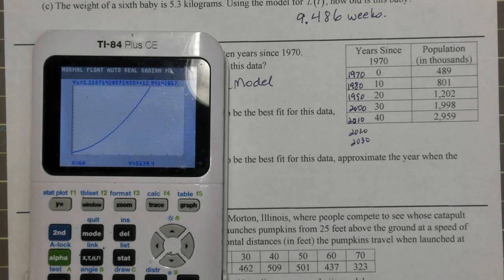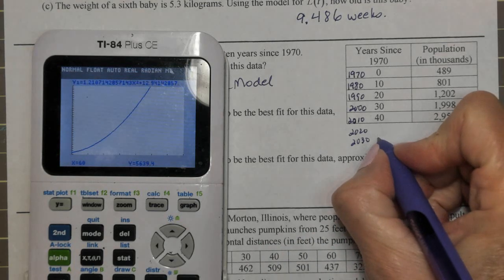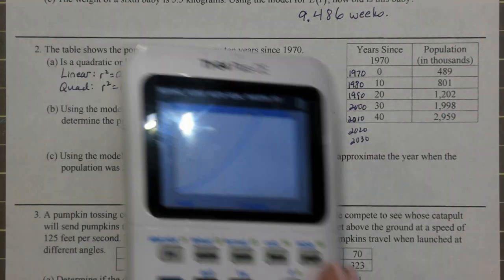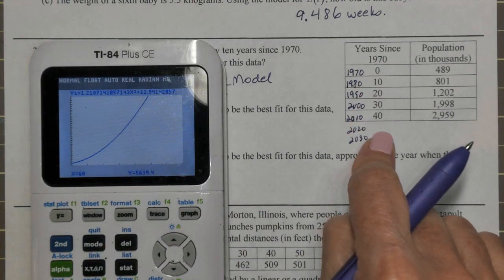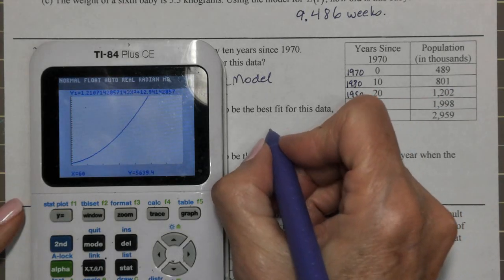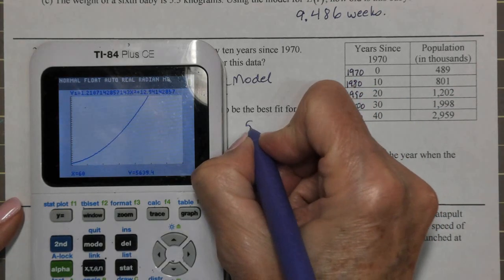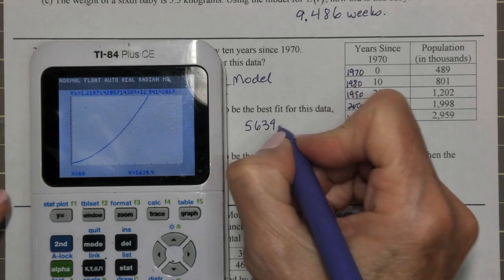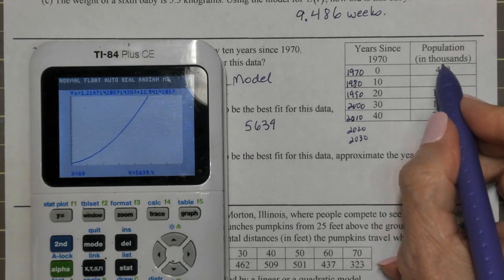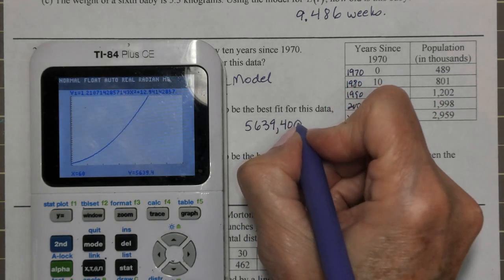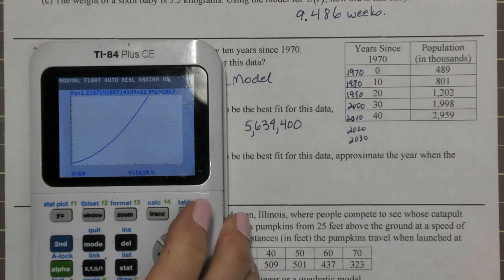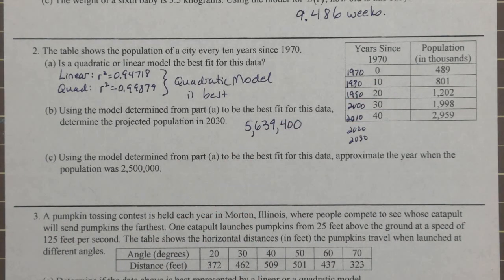So there is the trace when x is 60, right? So it would be 5639.4, but it's in thousands of people. So it would be 5,639,400 people. That would be the population.